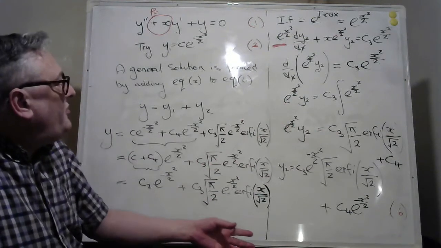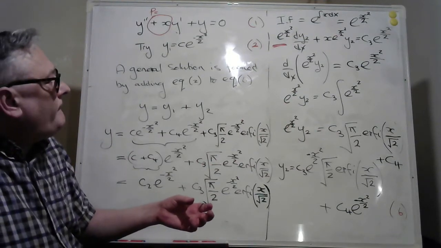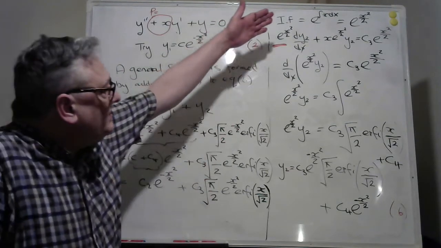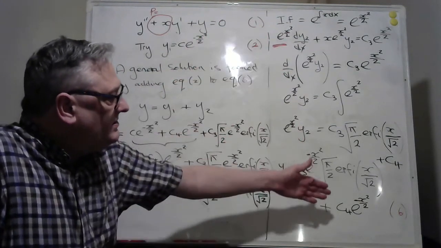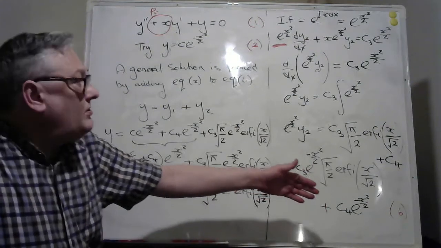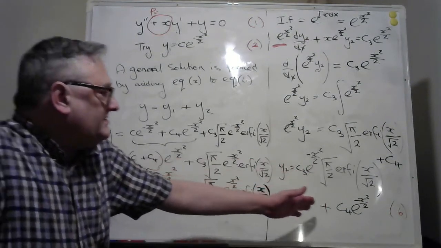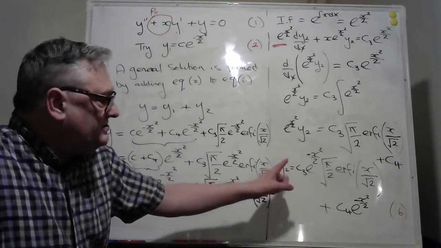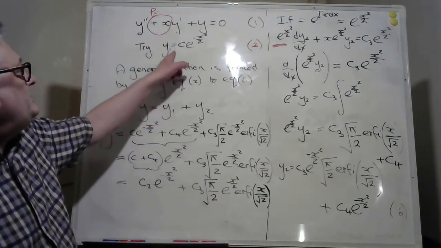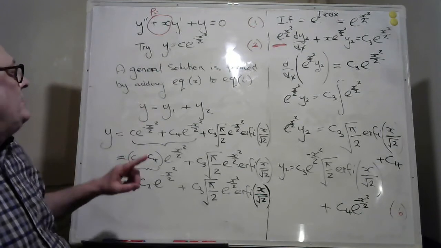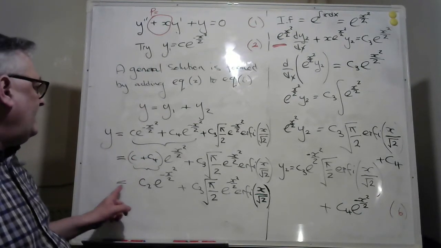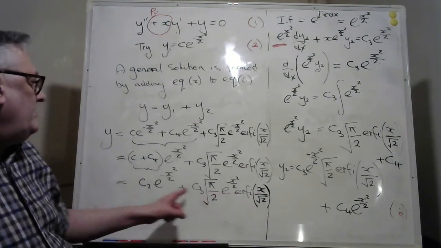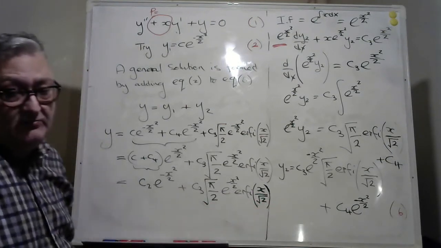We equated those, and then we proceeded to solve the first order ordinary differential equation to get the second solution y2, and then we added this second solution y2 to the original solution y1, and finally we find that this is the general solution.